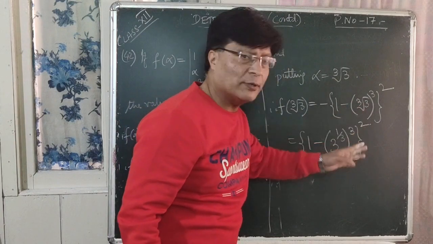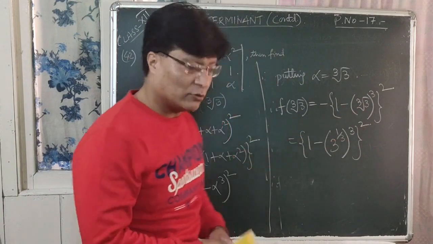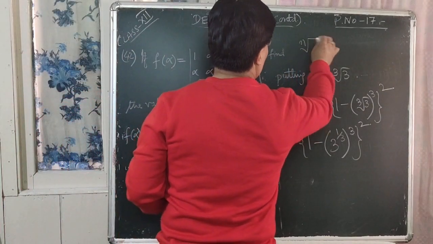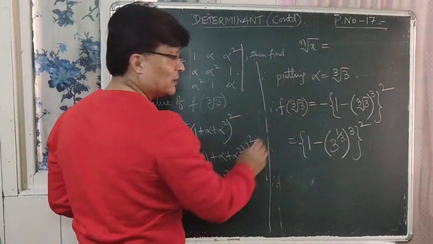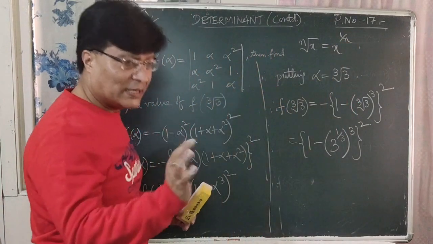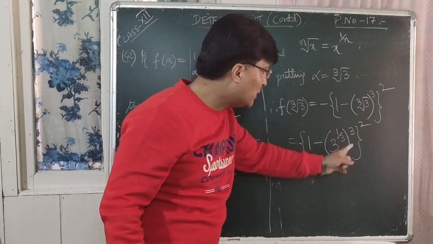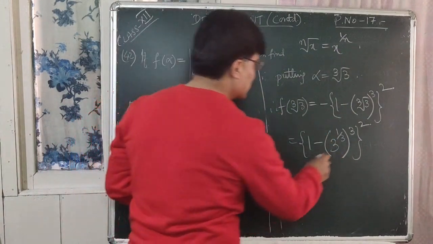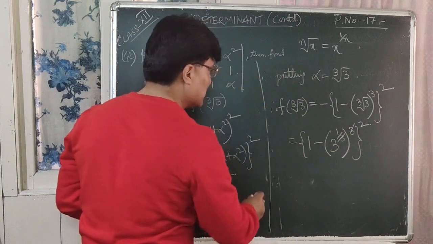Cube root of 3 means 3 to the power 1/3, remember that. So if you have nth root of x, what can you write? It is x to the power 1/n. Similarly, what is cube root of 3? It is 3 to the power 1/3. Is that clear? So here you can cancel. This 3 gets cancelled.